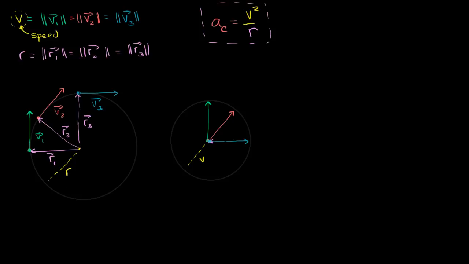And just as the velocity vector is what's giving us the change in position vector over time, what's the vector that's going to give us the change in our velocity vector over time? Well, that's going to be our acceleration vectors. So you will have some acceleration. We'll call this a1. We'll call this a2, and I'll call this a3.